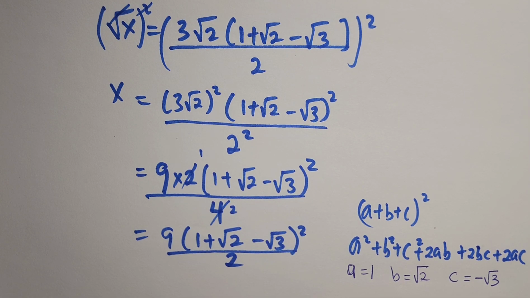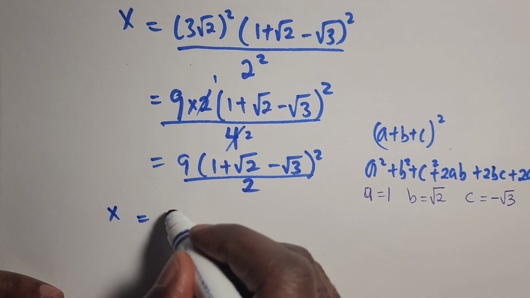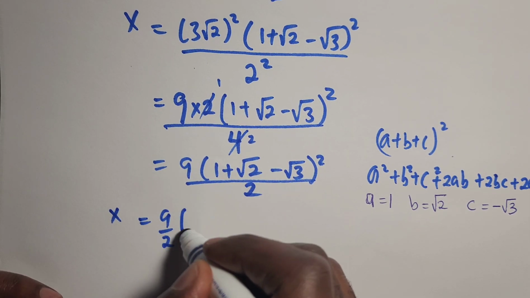So, using this, here I'm going to have my x to be equals to 9 over 2 in parentheses.